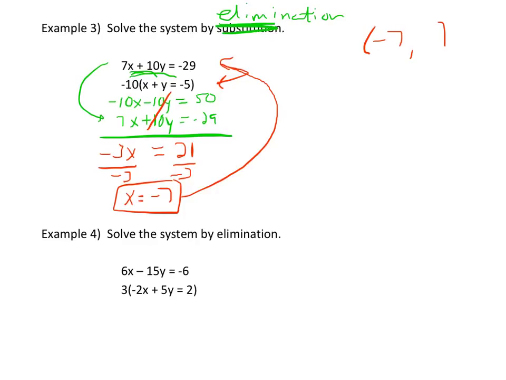we can choose one. I'm going to choose the top one again, and the top one will be 7 times negative 7 plus 10y equals negative 29. This gives you a negative 49 when you multiply.